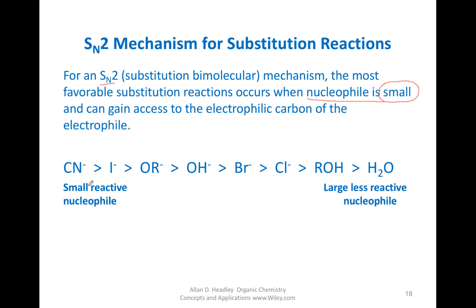You need not memorize this, but just remember a small nucleophile, an example here is this, is more reactive by the SN2 mechanism because it needs to gain access to the electrophilic carbon compared to a very large nucleophile such as water. So that's the trend. So again, for an SN2 reaction the electrophile must be methyl or primary or secondary, but never tertiary, and the nucleophile must be small.